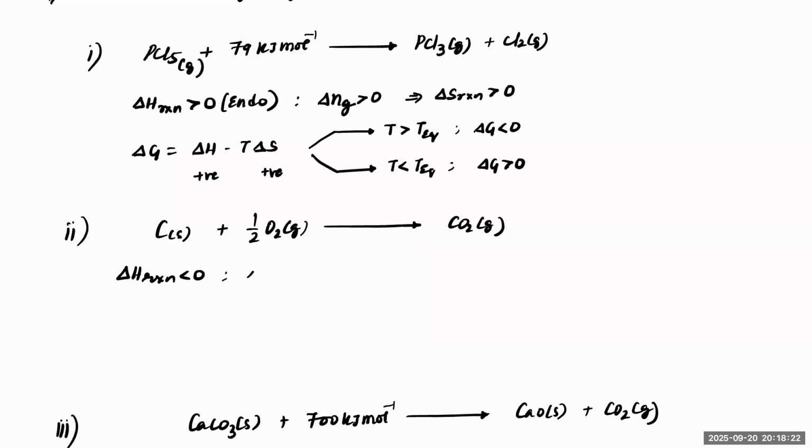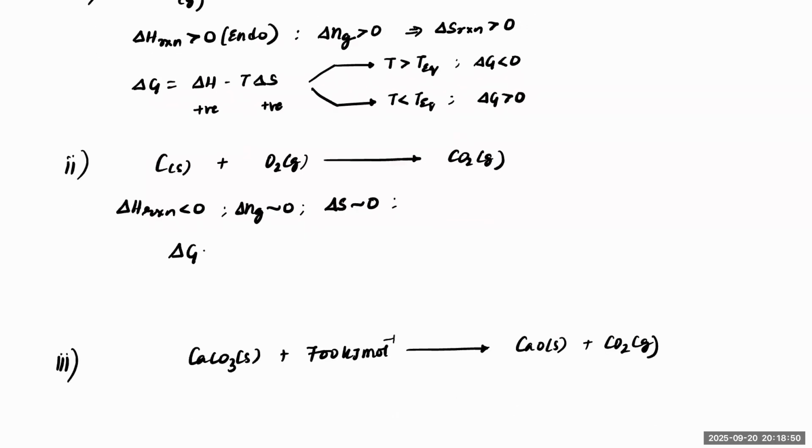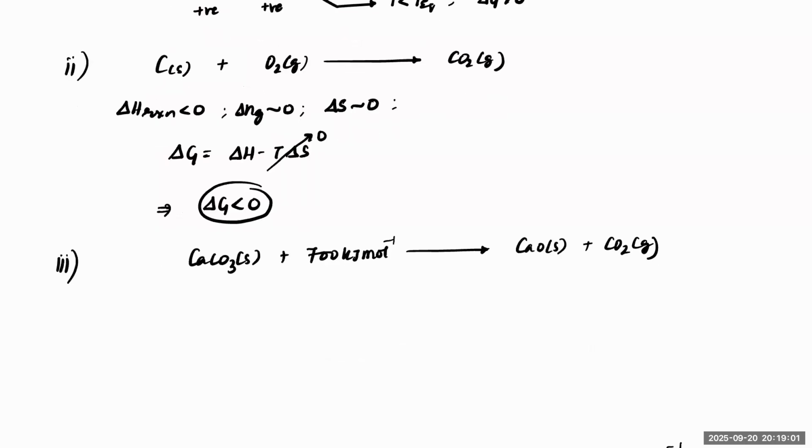And for delta S, there is 1 mole here and 1 mole there, so delta Ng is almost equal to 0, which means delta S will also be almost 0. So delta G, which is equal to delta H minus T delta S, since this factor is almost 0, delta G will be less than 0. This is the reasoning for the second one.